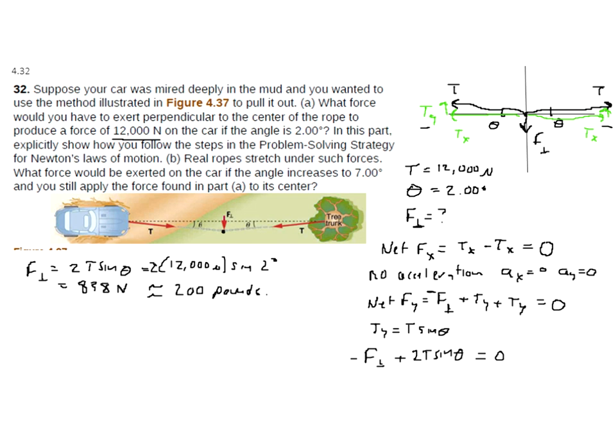And that's a reasonable amount. Before, we had 1,200 newtons, and this value here was about 2,500, 2,600 pounds. You're not going to get many people who can exert that much force, who can tug on a rope.